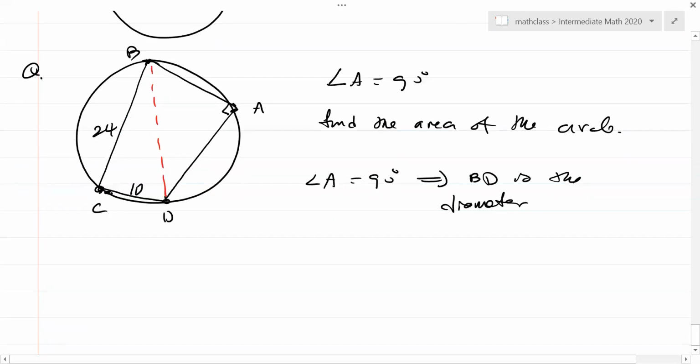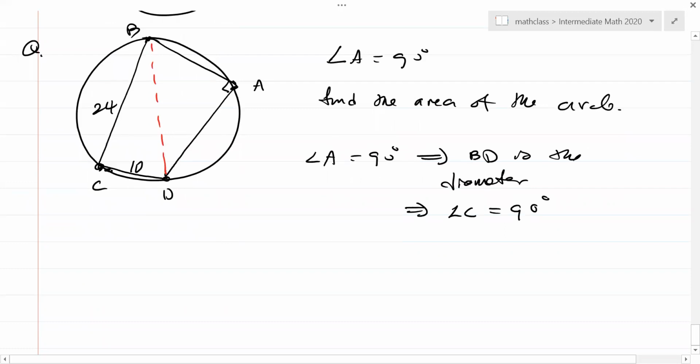If BD is the diameter of the circle, then this implies the angle at point C is 90 degrees, by the above theorem again. So you actually get two right triangles sharing the same hypotenuse.